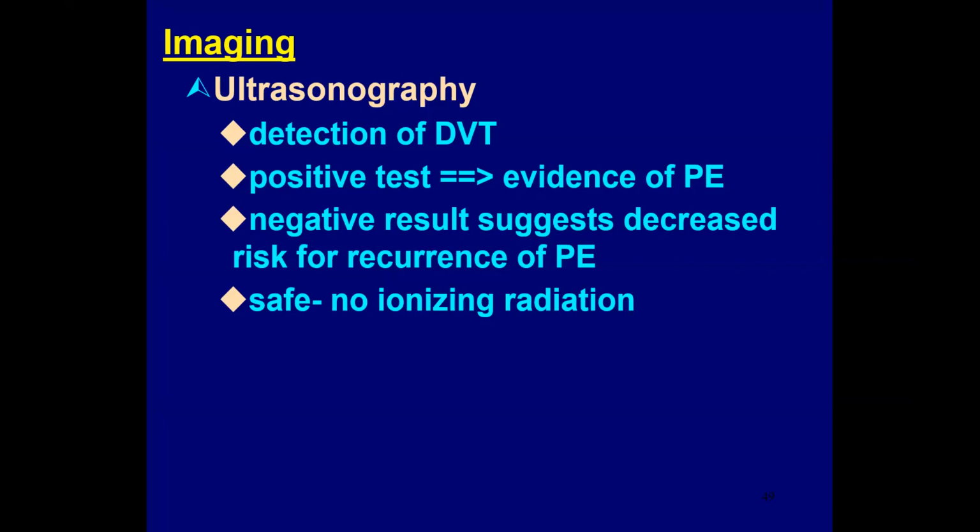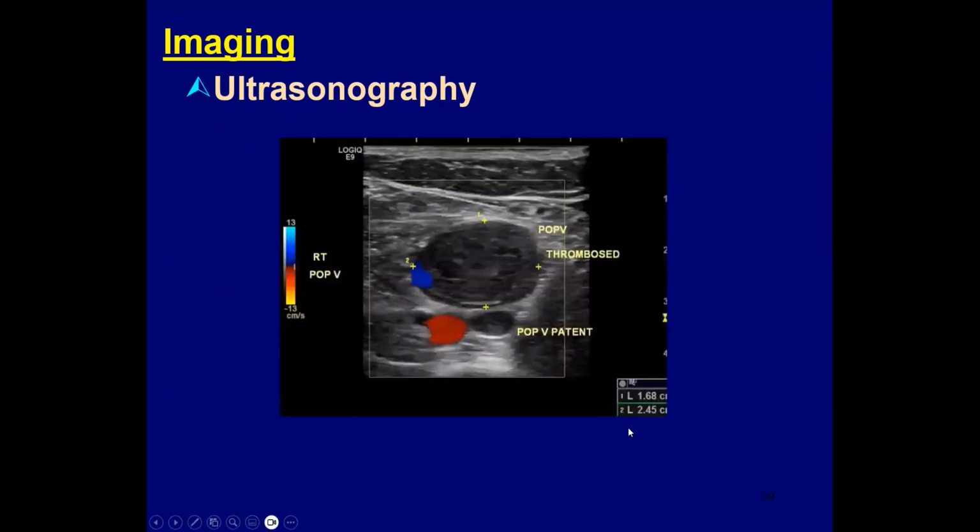A negative result for the ultrasound suggests a decreased risk for recurrence of PE. Ultrasound is great. The equipment is much less expensive. There is no ionizing radiation, and it can be done at the bedside. And this is a lung ultrasound that shows a pulmonary embolus.